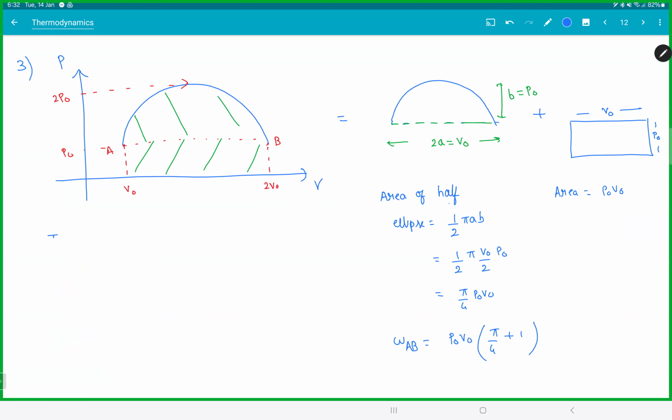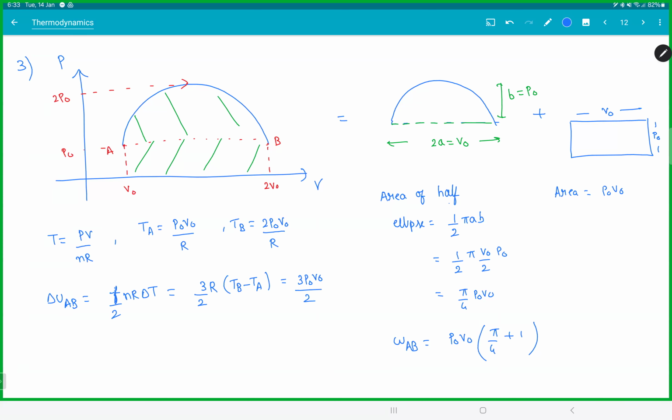Next thing, how to find temperature? We know temperature is PV by NR. So temperature at A is given by P naught V naught by N, which is 1, so by R. Temperature at B is 2 P naught V naught by R. So delta U AB is nothing but F by 2 NR delta T. F is 3, N is 1, R delta T is TB minus TA, which is P naught V naught by R, so it is 3 P naught V naught by 2.